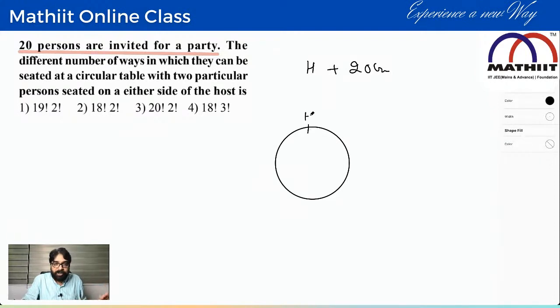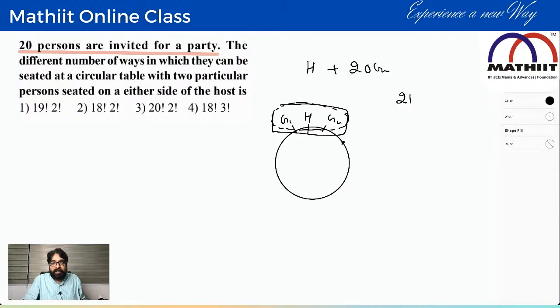If the host is here, suppose those particular guests are G1, G2. They're always sitting together, so we make them a single object. So out of 21 objects, 3 objects go inside the box. So 21 minus 3, 18 objects.